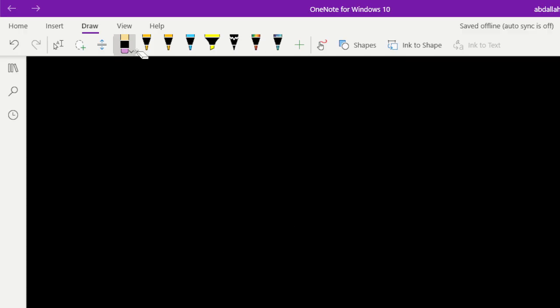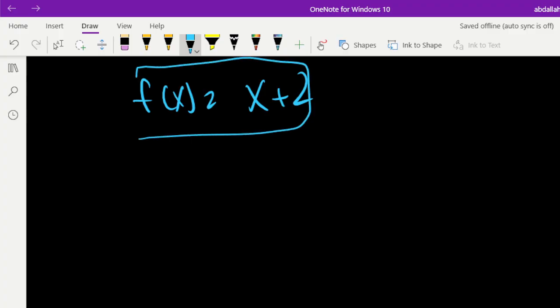So if we have here f(x) equals x plus 2, to represent this function graphically, we have to find at least 2 pairs, but I will find 3 pairs. So 3 pairs means we have 3 values for x, and then we get 3 values for y.